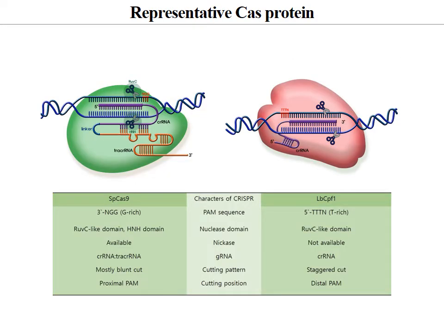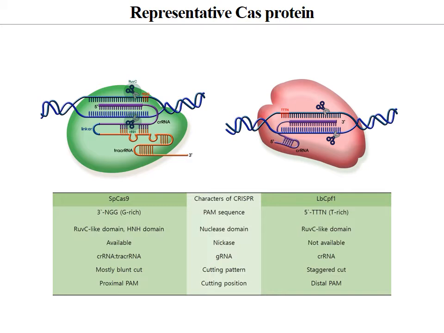These two are representative Cas proteins. First is Cas9 and second is Cas12a, also called Cpf1. The two have many differences. Cas9 usually requires a G-rich PAM, NGG, and it includes a RuvC-like domain and an HNH domain. Because they have two different nuclease domains, Cas9 can be used as a nickase.